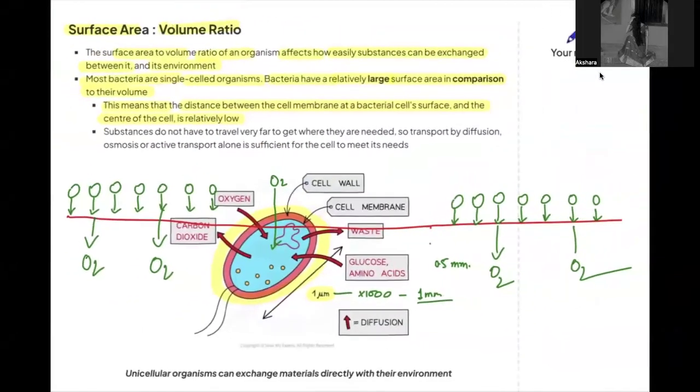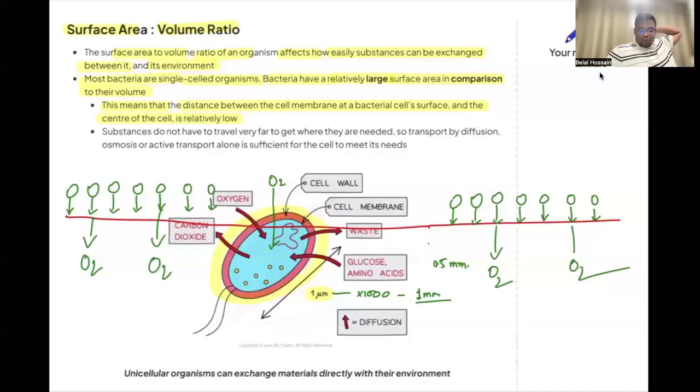Yes, sir. So the thing is simple. When these gases have to travel only a short distance, they can easily diffuse in, and in that case carbon dioxide can also easily diffuse out.